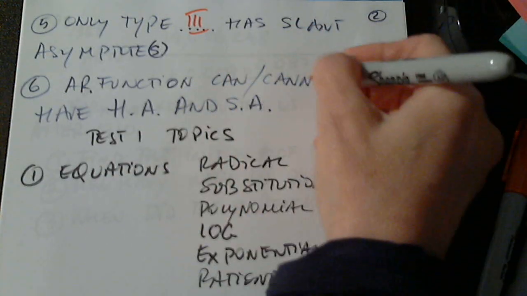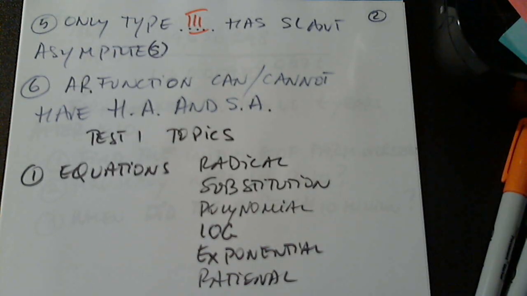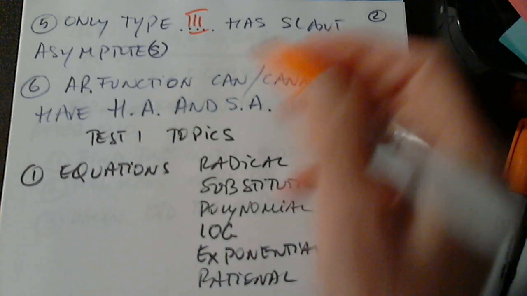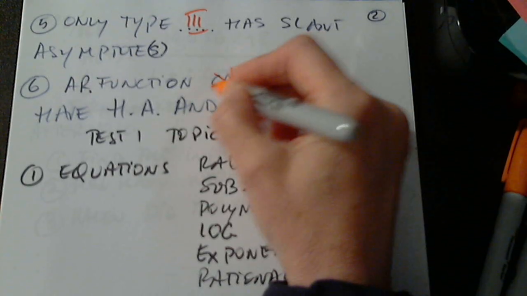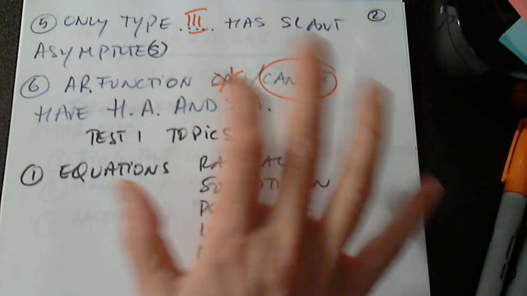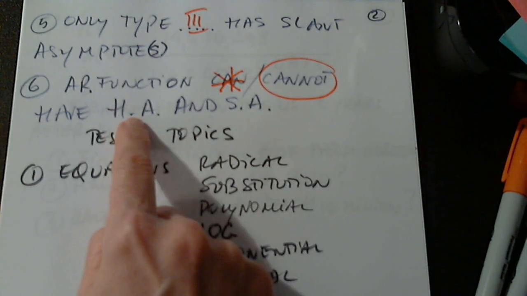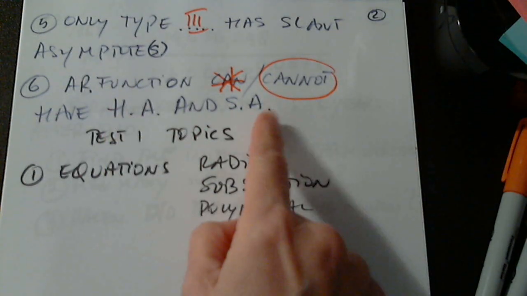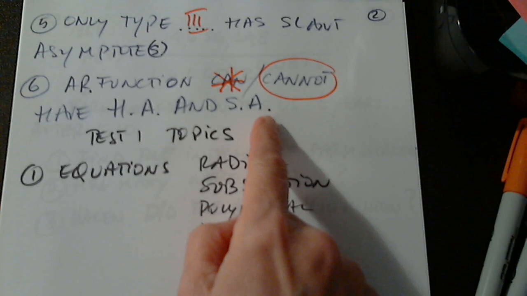Do I circle can or cannot? We need a saver? Cannot. Of course cannot. We said very clearly it cannot have a horizontal and a slant. Horizontal: type 1 and type 2. Slant: only type 3. Good.